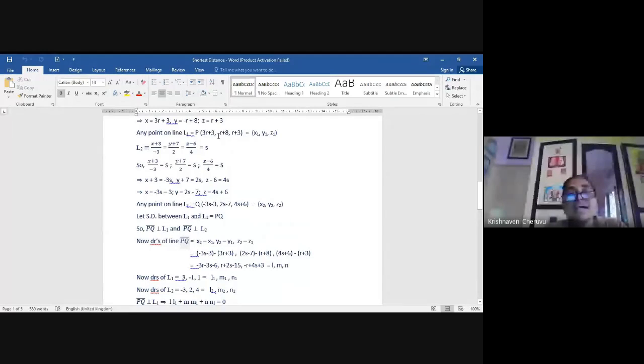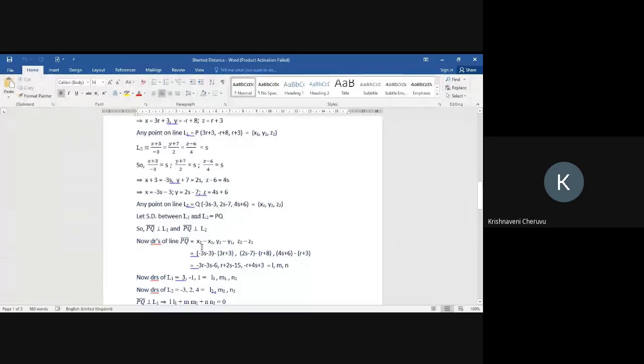These are the coordinates of P, and Q has the coordinates x2, y2, z2. So you are now writing the DRs of the line PQ: x2 minus x1, difference of x coordinates, y2 minus y1, difference of y coordinates, z2 minus z1, difference of z coordinates. So here x2 I put, minus x1 I put.